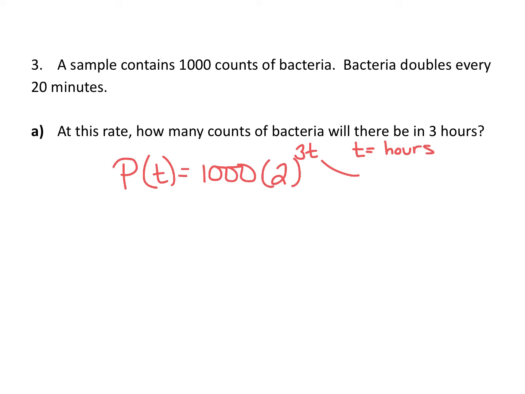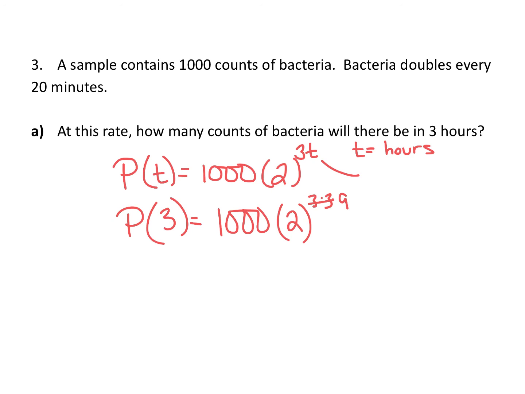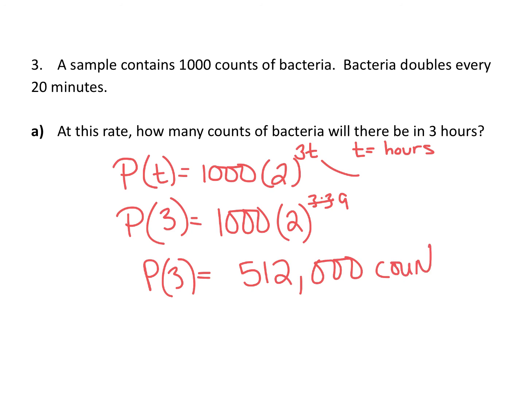Now I'm asked how many counts of bacteria there will be in 3 hours, so I plug 3 into my function. I'd have 3 times 3, which is 9 right here. I put that into my calculator, and P of 3 gives me 512,000 counts of bacteria. Wash your hands.